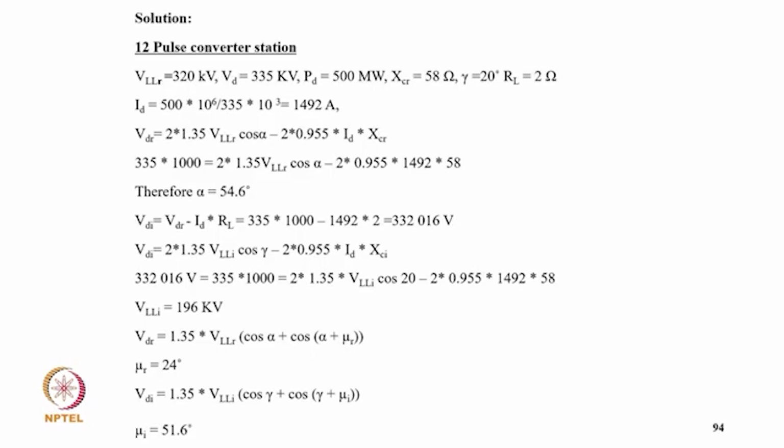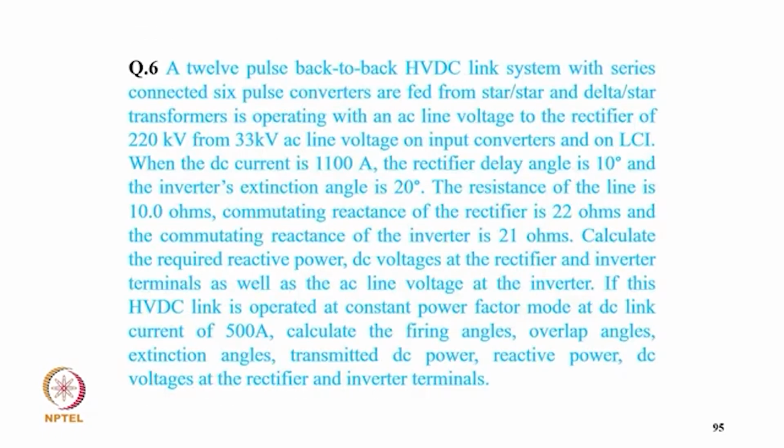And VDI, putting equal to 2 into 1.35 VLI cos gamma minus 2 into 0.9 ID XCI, from here we get typically VLI equal to 196. VDR equals 1.35 VLR into cos alpha plus cos alpha plus mu R, so mu R comes to 24 degrees, and VDI is 1.35 VLI into cos gamma plus cos alpha plus mu, so mu I comes to 51.6 degrees.